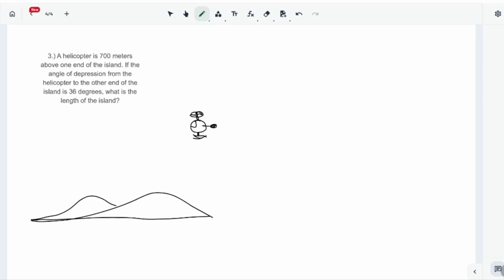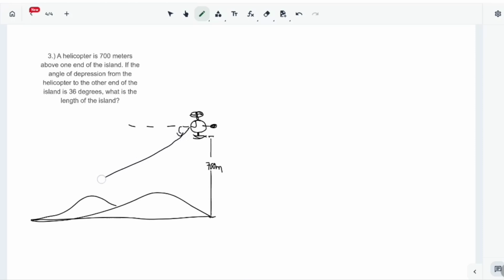Okay, so ang sabi, the helicopter is 700 meters above one end of the island. Okay, and then from that 700 meters from one end of the island, the angle of depression from the helicopter to the other end is 36 degrees. In drawing or writing the angle of depression, you need to have the horizontal line of sight first, and then tumingin siya pababa.